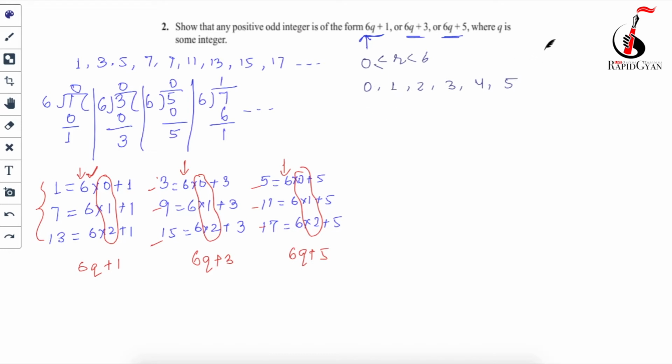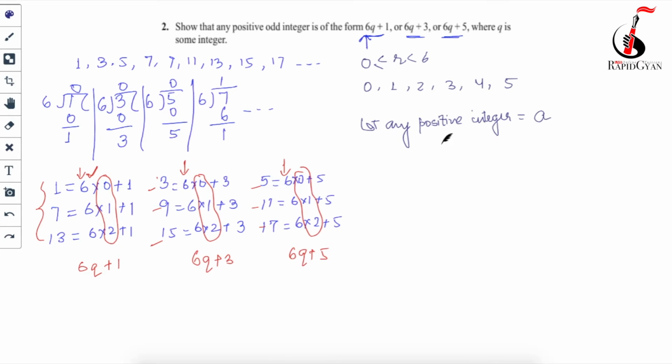So suppose there is any positive integer, let any positive integer equal to a.